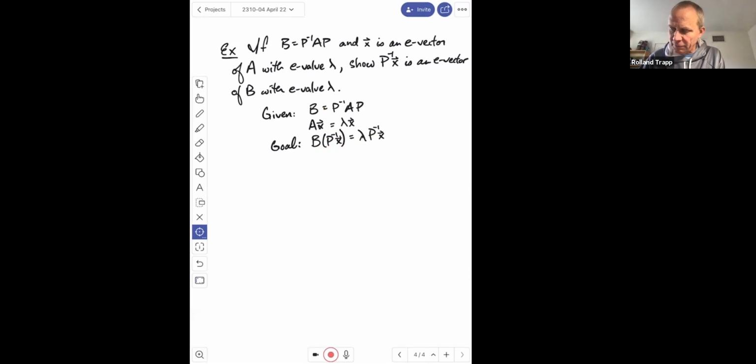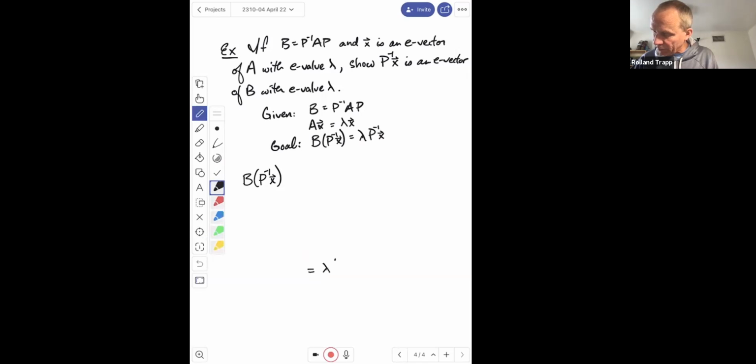All right, we'll start with the left, B times P inverse X, and just start calculating and hope we can figure out why it's lambda times P inverse X. So I've got B times P inverse X. I'll do a bunch of stuff until I get down here, and I want this to equal lambda times P inverse X. Okay, and if I want to start doing some calculations, I really don't know what B times P inverse X is.